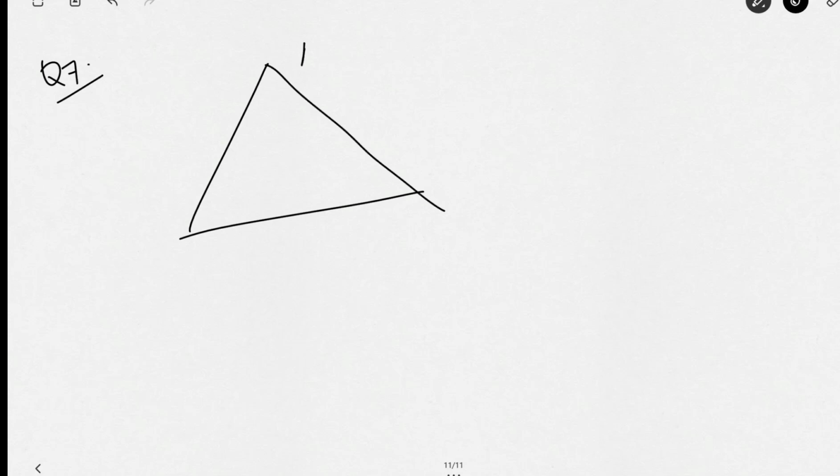Question 7. ABC are given. A is (cos theta, sin theta). B is (sin theta, cos theta). C is (1, 2). This is fixed, right?